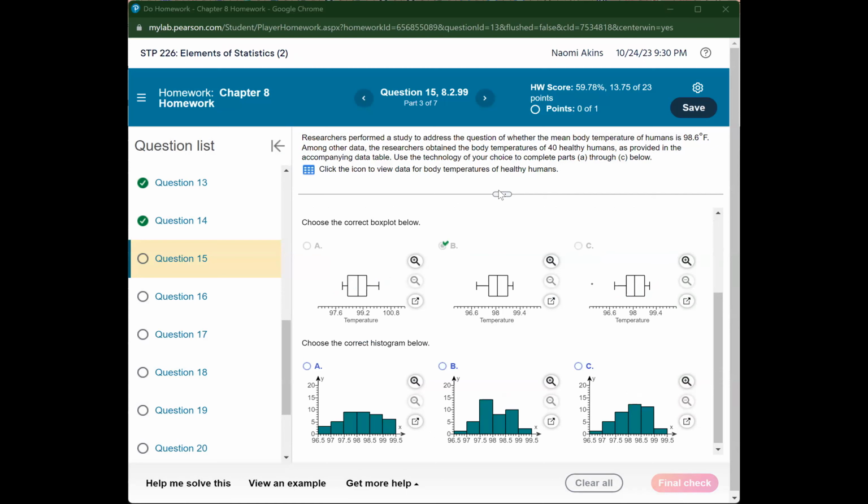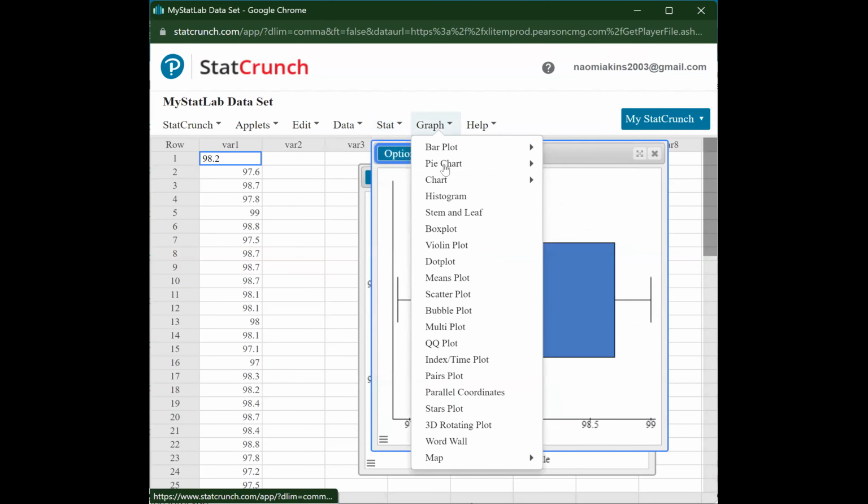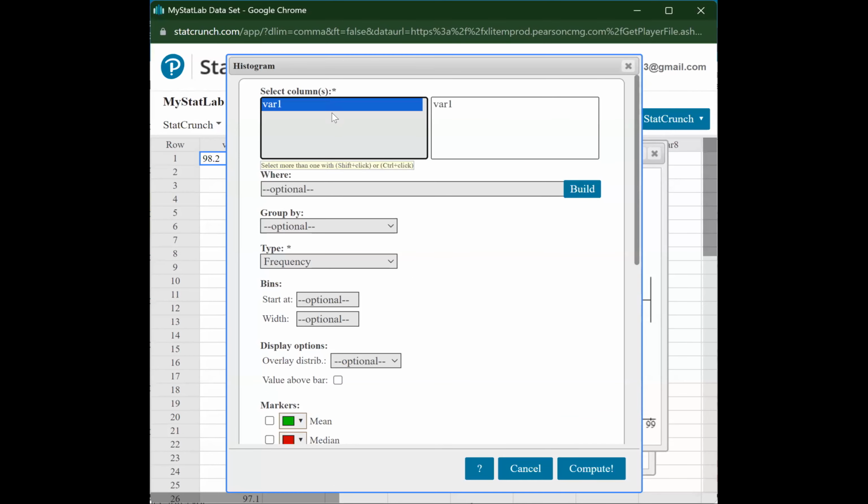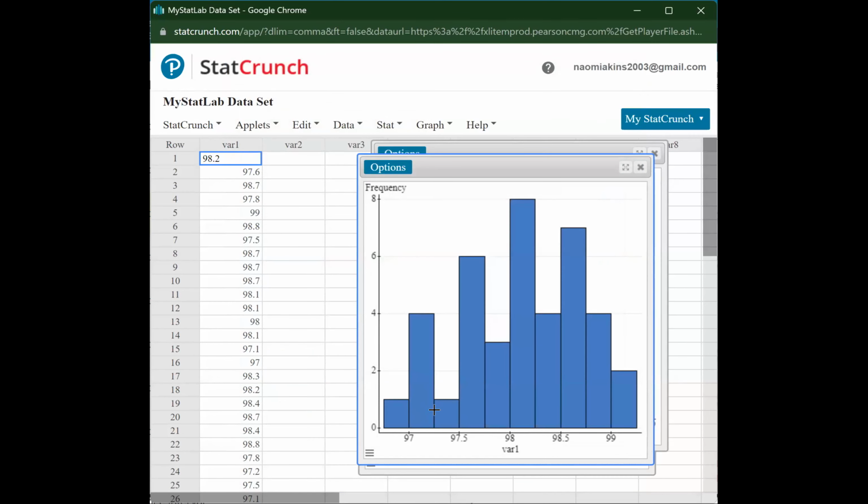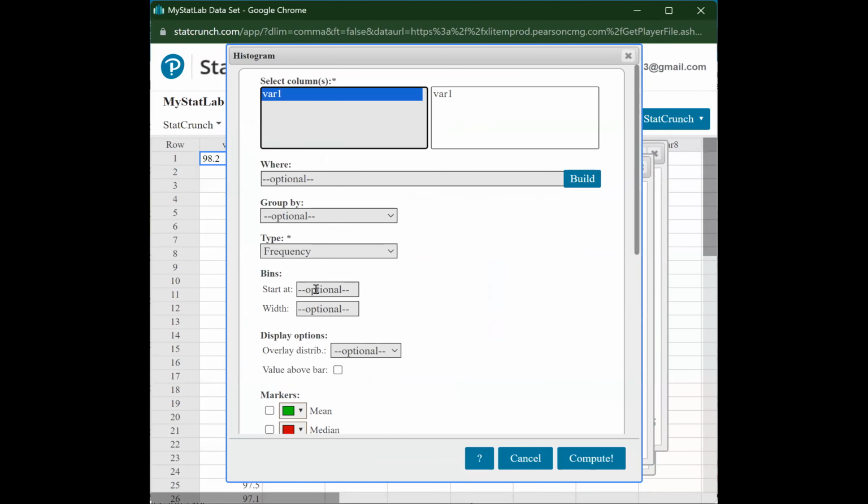So I actually really like StatCrunch. I find it incredibly useful for this class only. You can see there's a picture of the histogram, but they use different widths. So we've got to use their widths. We've got to edit this thing.